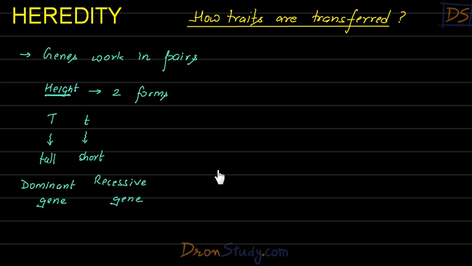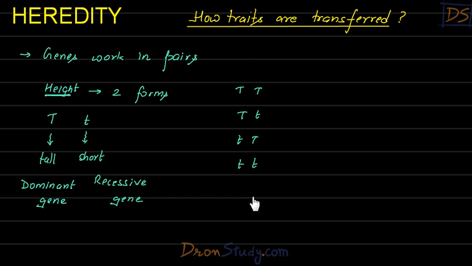Now in any human being, students, there will be two genes corresponding to height. So those genes can be like TT, Tt, tT or tt.